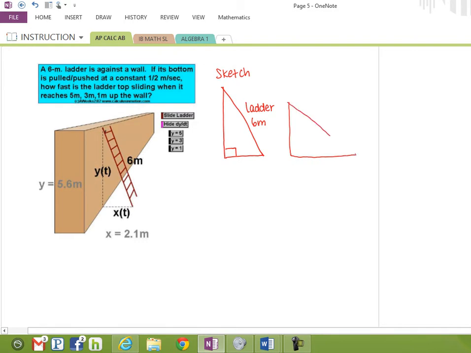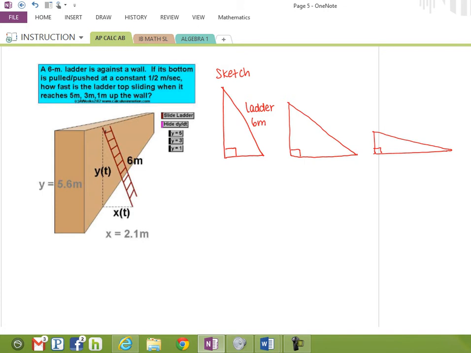So as we have the ladder slip down, we do a consecutive 3 pictures or 3 sketches of 3 different times. So that's where the time piece comes in, because you're going to notice in the problem itself, we really don't use time, but we talk about time. And we do our derivative with respect to time.